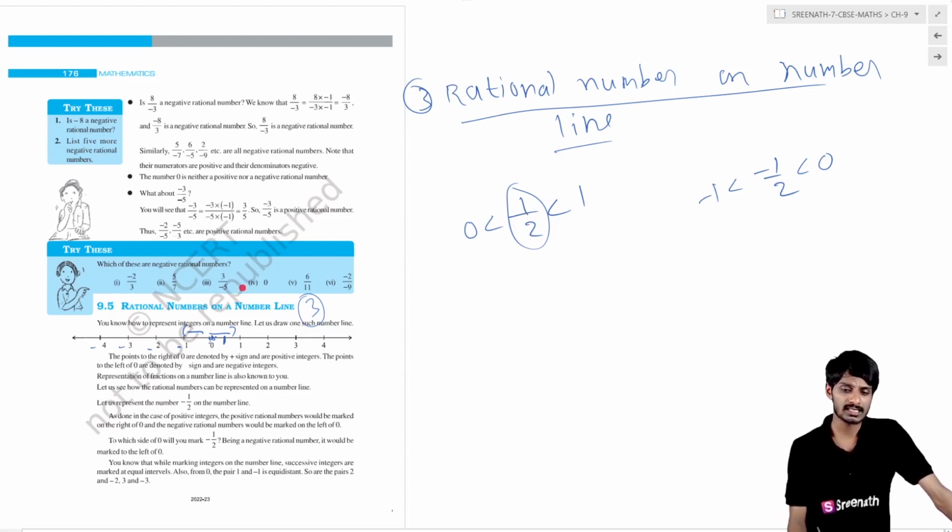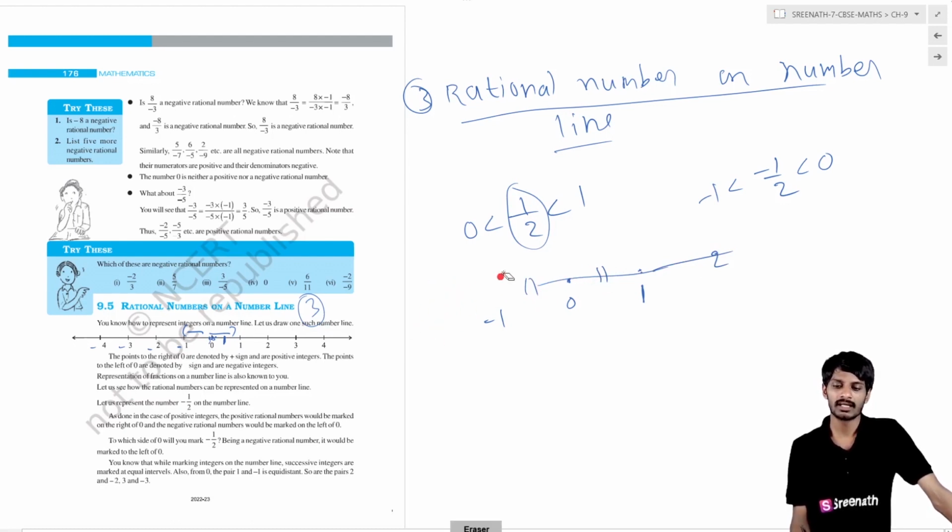One more thing: if you consider integers, suppose 1 is on the right side, then minus 1 is on the left side, and the distance between 0 and 1 is equal to the distance between 0 and minus 1. Similarly, the distance between 0 and 2 is equal to the distance between 0 and minus 2.